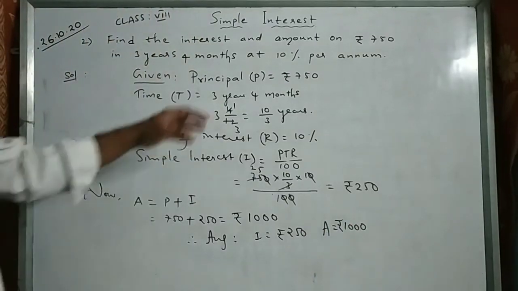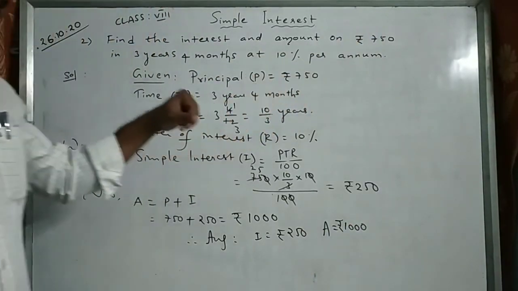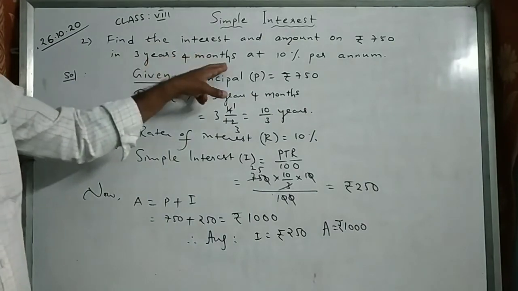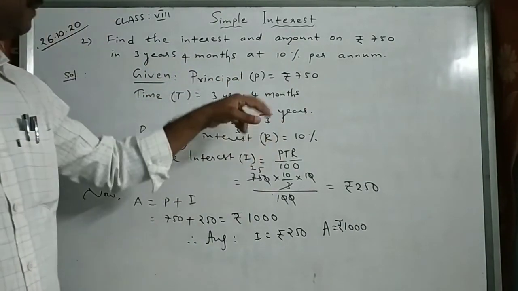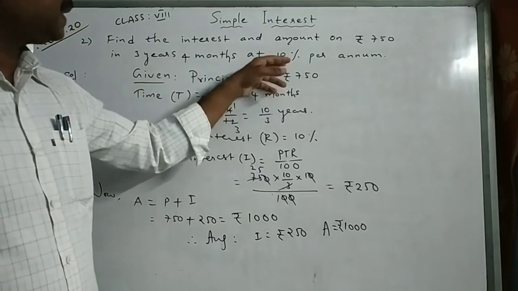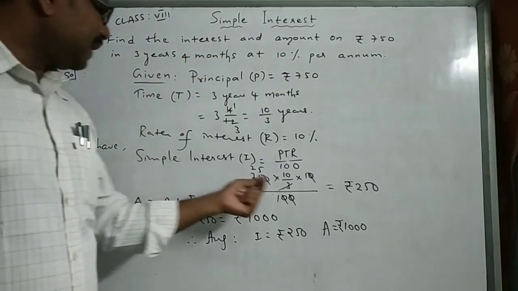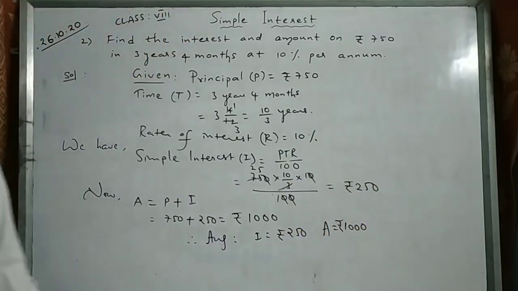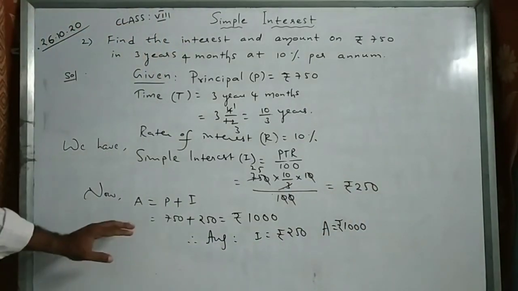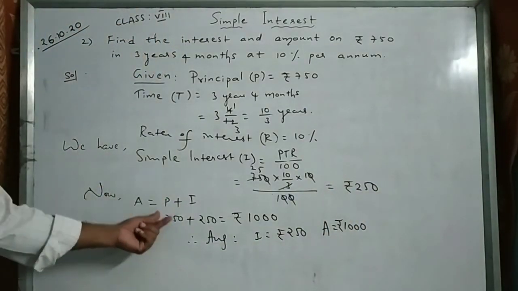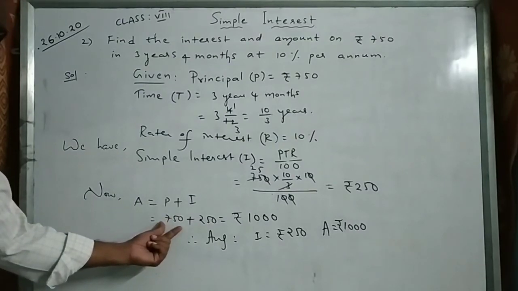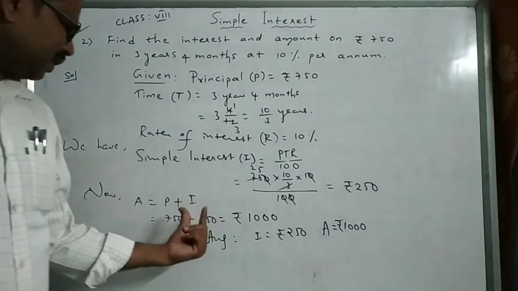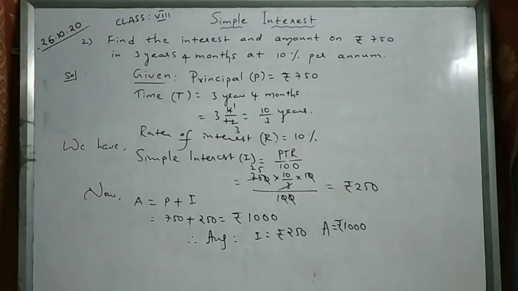So I took 750 rupees for 3 years 4 months at 10% per annum, means for 100 rupees 10 rupees extra. So the interest on the total amount 750 is 250, and the amount to be paid back is the principal amount plus interest on it. So 1000 rupees I have to pay back.